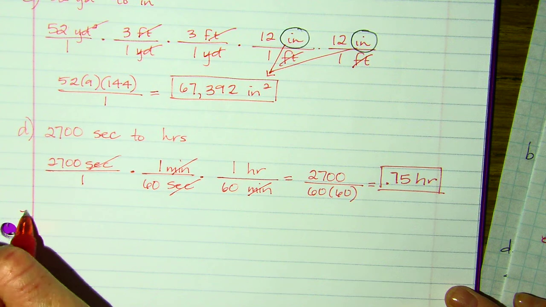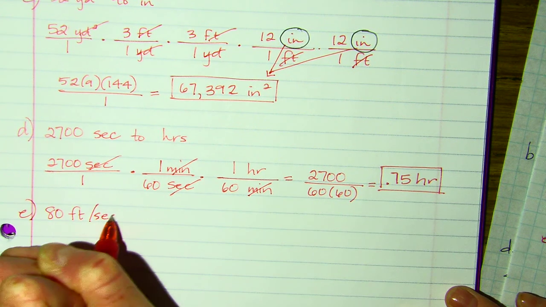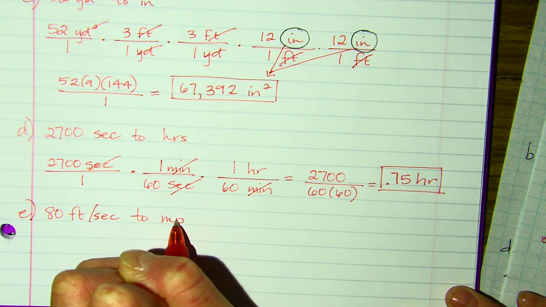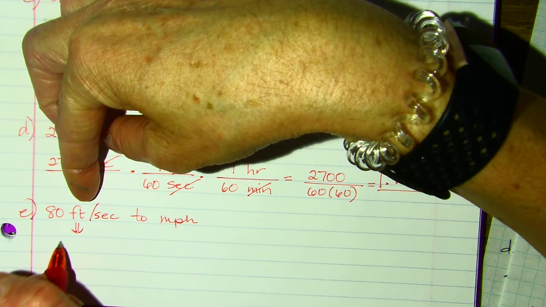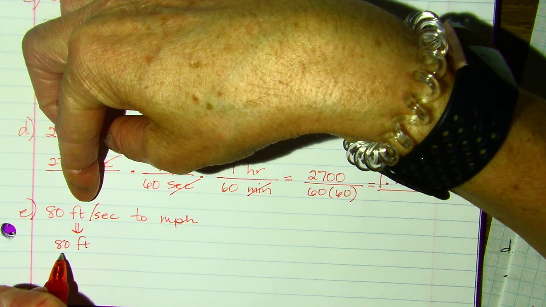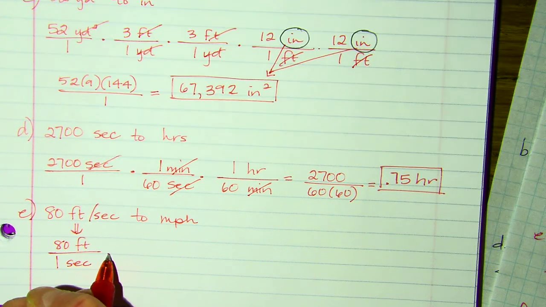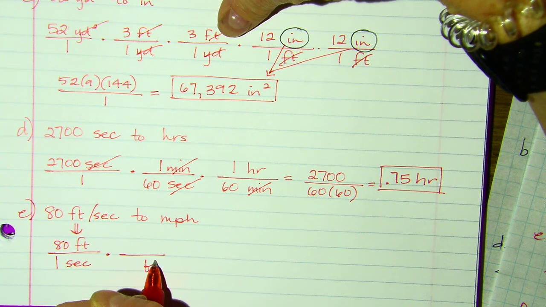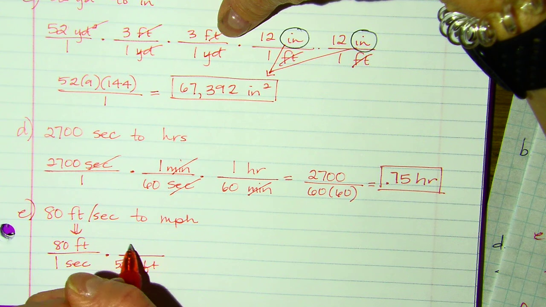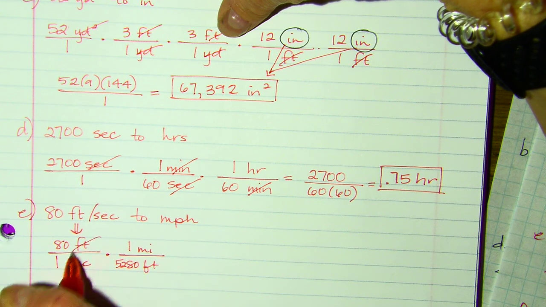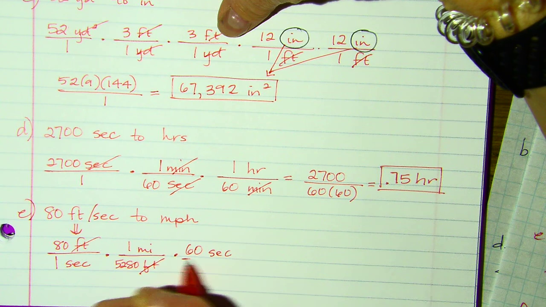All right, E, they wanted me to go from 80 feet per second to miles per hour. Remember, when I set this up, it's 80 feet per, there's no number in front of seconds, so 1 second. So let's get rid of our feet. There are 5,280 feet in 1 mile. Let's get rid of seconds. There are 60 seconds in 1 minute.